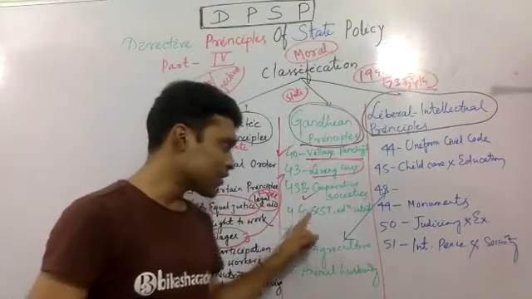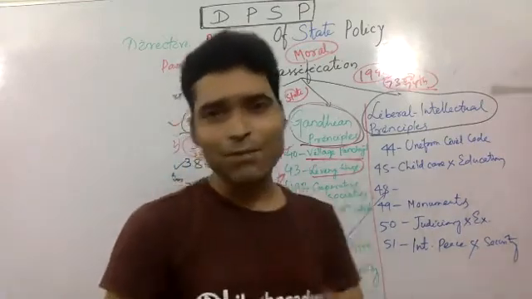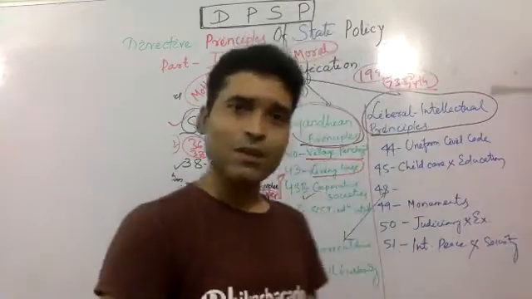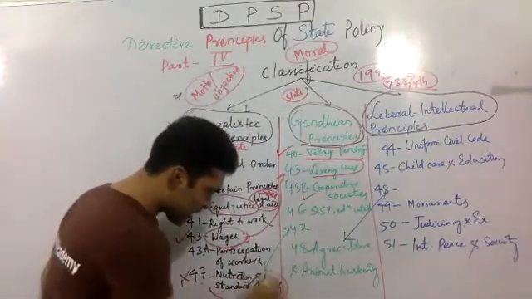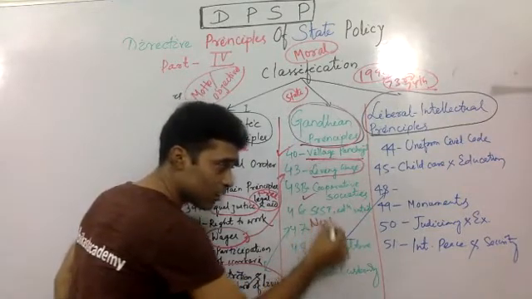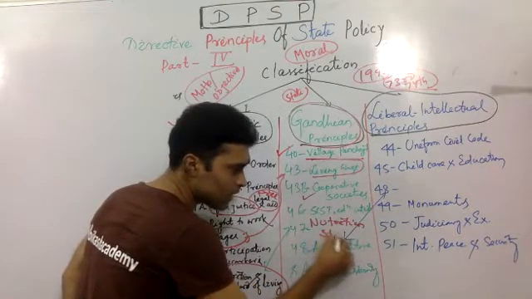And then 46, in educational institutions, scheduled castes and scheduled tribes must be given enough opportunity for education. This is the point you have to remember. And 47, very simple, the state has a responsibility to raise the standard of living, also nutrition.